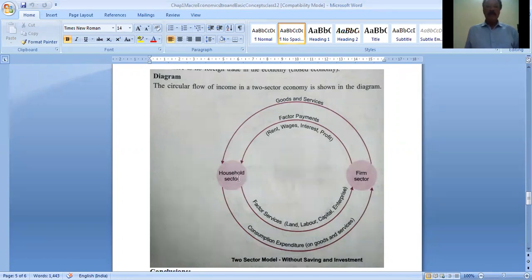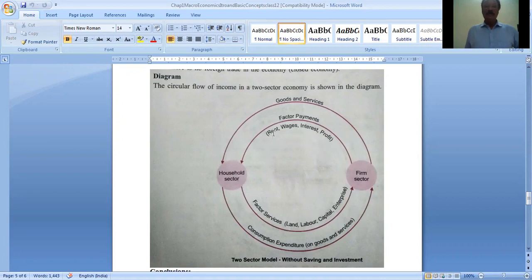Now I'll explain this diagram. The household sector provides factor services in the form of land, labor, capital, and enterprise to the firm sector. And what are they getting back in return? The firm sector is making factor payments to the household. How?